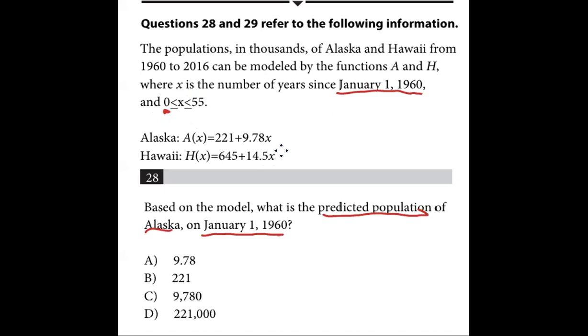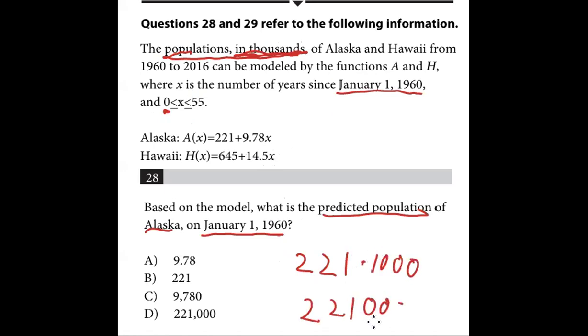We're also given that this is the population in thousands, so the "in thousands" is pretty important here. When x is equal to 0, we have 221, but this is in thousands, so the actual population would be multiplying by 1,000, which is 221,000. That is the total population. So the correct answer is D.